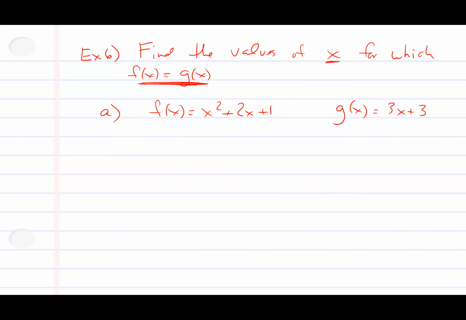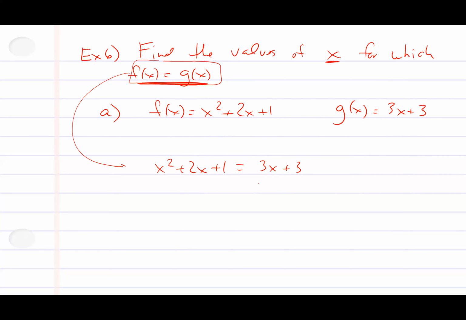Let's try. So f of x, what we're going to do is take this piece right here and bring it down here. So the f of x function is x squared plus 2x plus 1. The g of x function is 3x plus 3. And you solve it. 1 works, but not -1.